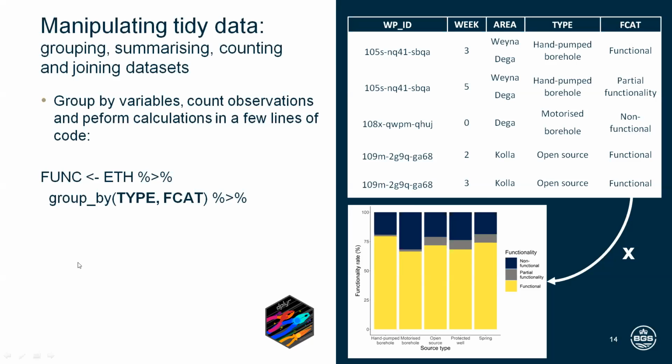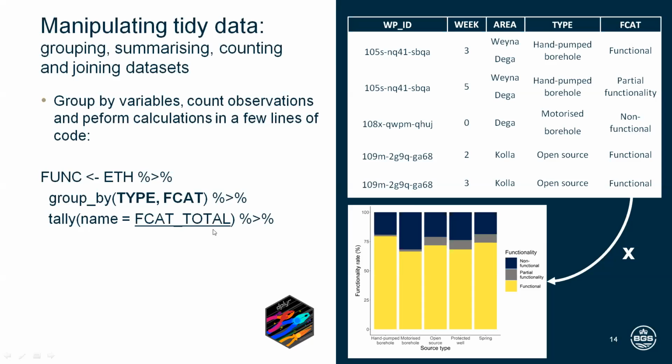Well, first of all, we group by the type and the functionality category. So that's what this allows us to do. Then we count based on this grouping. So we count the number of functional, partially functional, and non-functional motorized boreholes, hand pump boreholes, and open sources, and we get the total of each of those for each type.